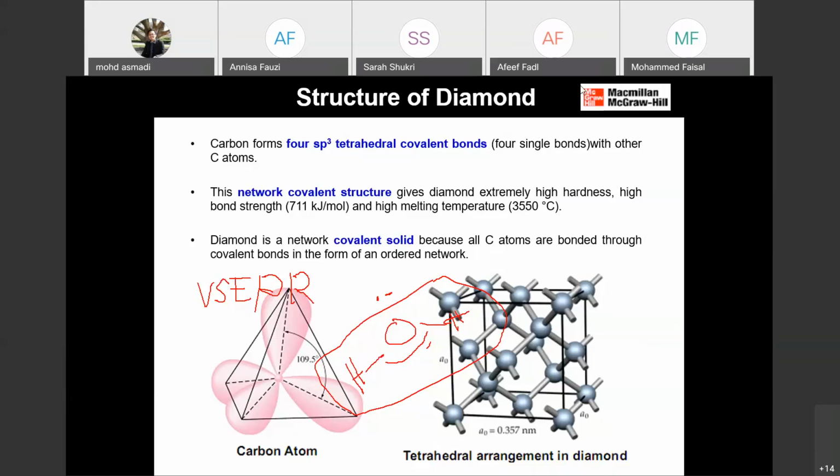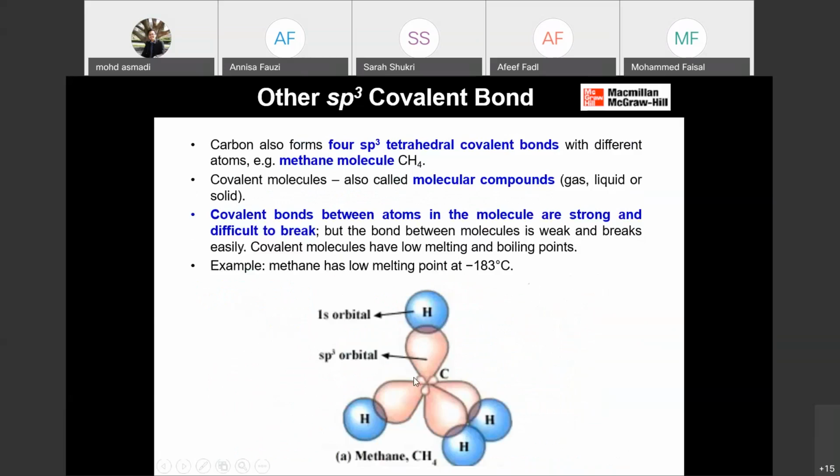For molecules, we predict shapes such as linear, tetrahedral, trigonal, octahedral. That is the general geometry of the molecules.